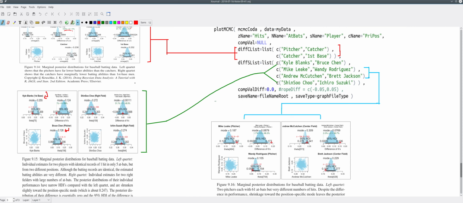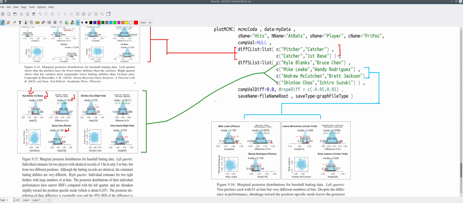And if you look at the difference, about 99% of the posterior is greater than 0, which means roughly 99% of the estimated distribution of this difference is greater than 0. So there is a lot of difference. You can say there's a 99% aggregate probability in favor of Kyle Banks.